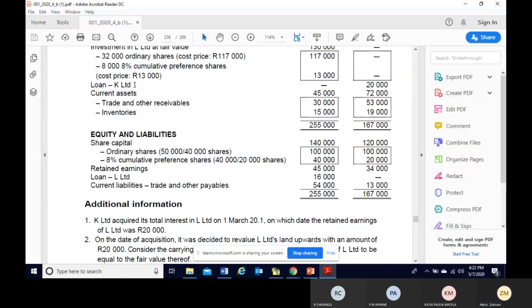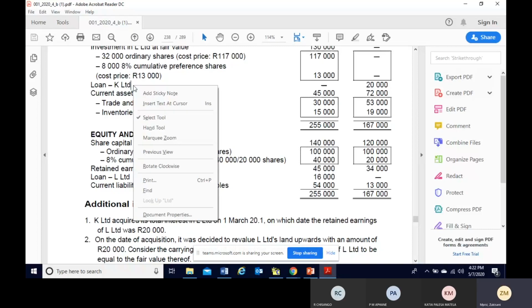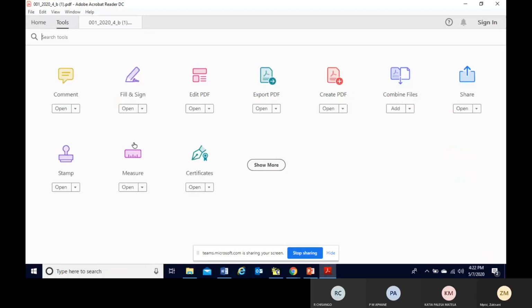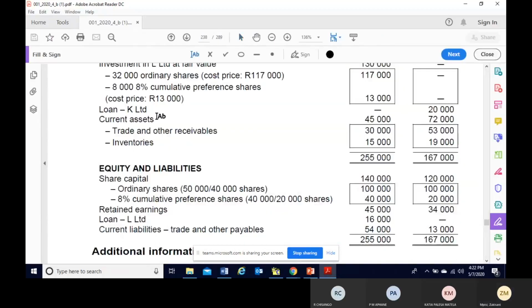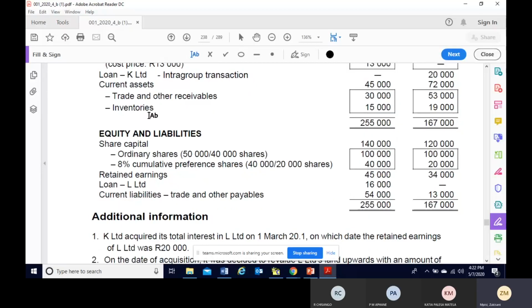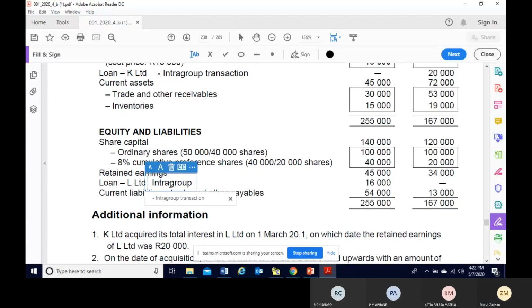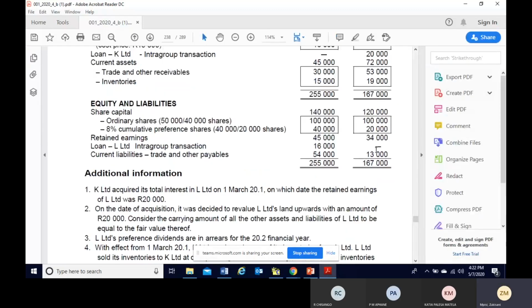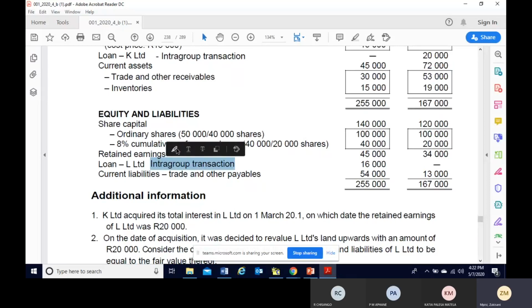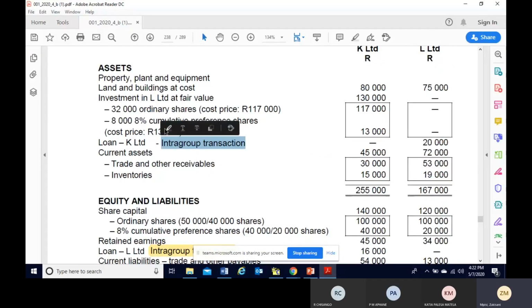So as you are reading, we can already put in comments because we suspect that this might be an intra-group transaction, as well as this one. We know this might be an intra-group transaction, and this one too.